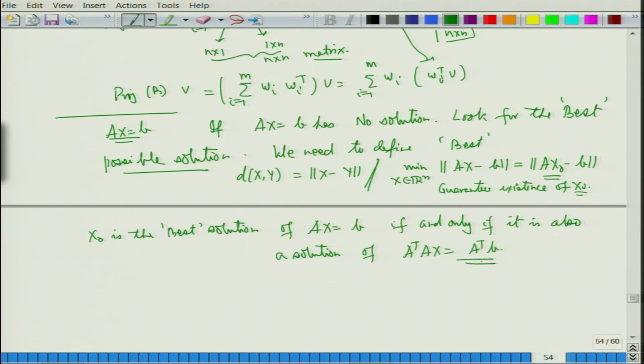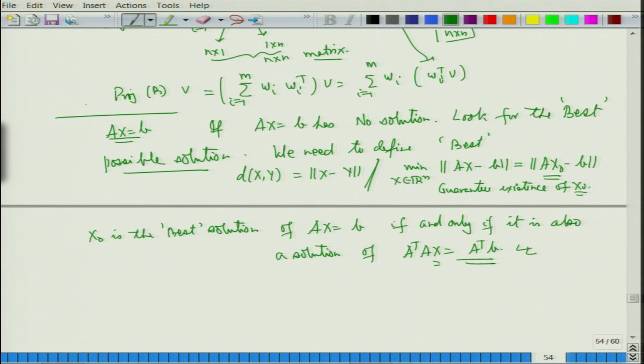So, we related the idea of best or the distance in terms of the column space of A and the null space of A transpose, or perp, and then got this result, the proof of this. All right. So, this is one way of getting the best solution x naught.